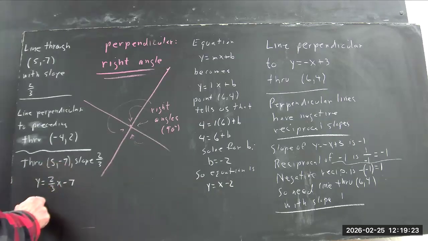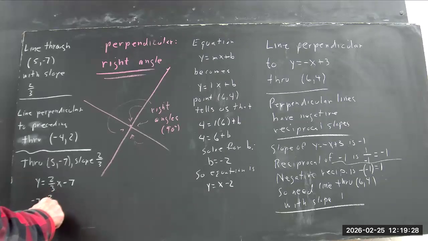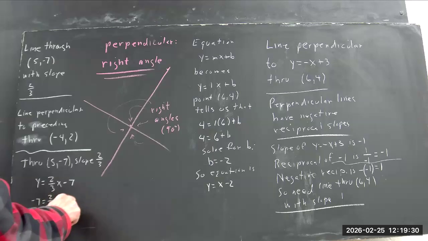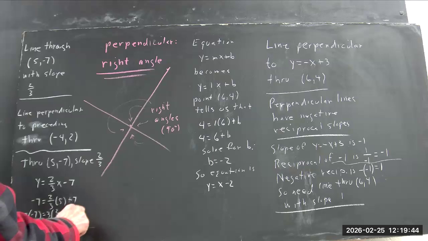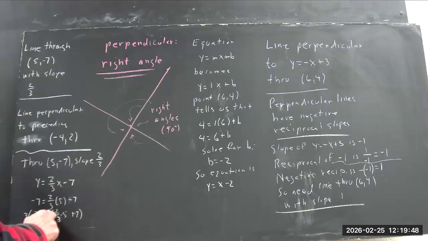If you substitute the x's and y's, you're going to get -7 equals 2/3 of 5 plus b. If you multiply both sides by 3, you get 3 times -7 equals 3 times 2/3 of 5 plus 3b. So you get -21.